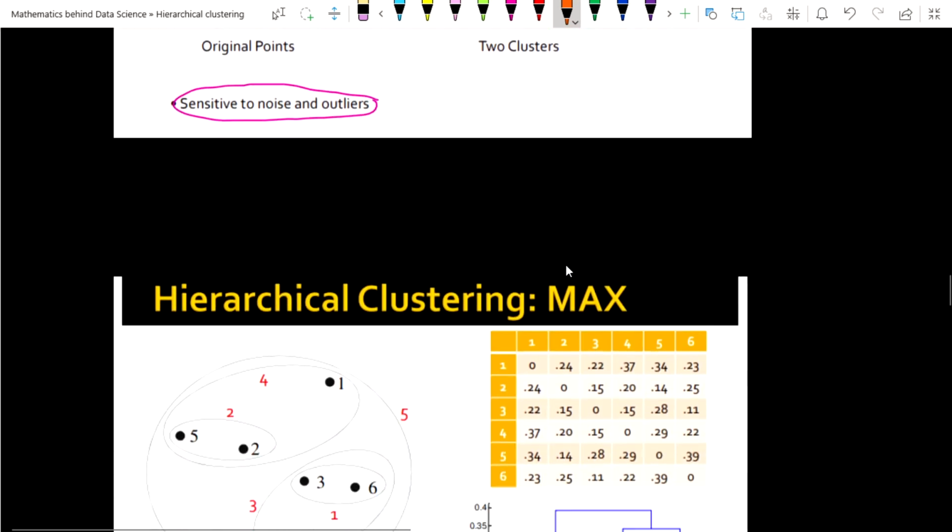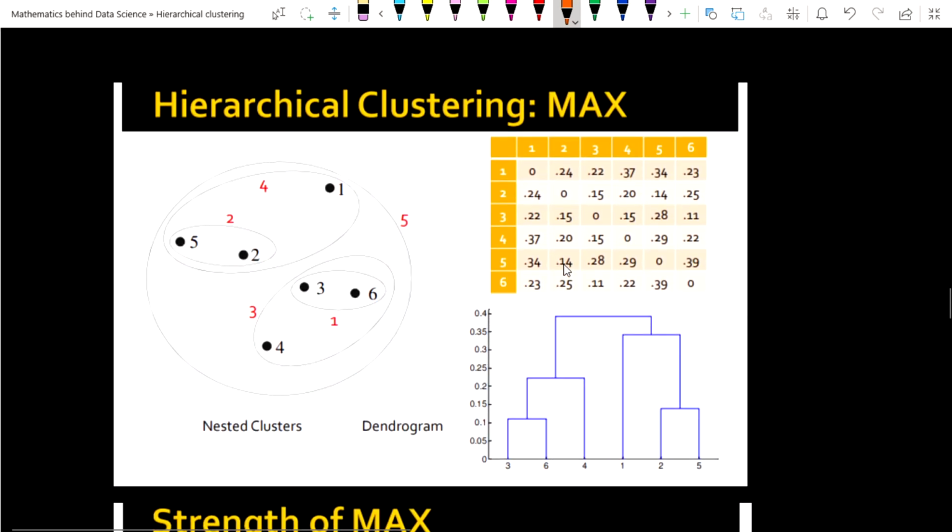Now let's see this in the max technique, the max method. Let's see that the same things are also applicable here. In the max method, we first have to find the max value among it. So the first thing we have to find is the maximum one. What is the maximum distance? Find it from this table.